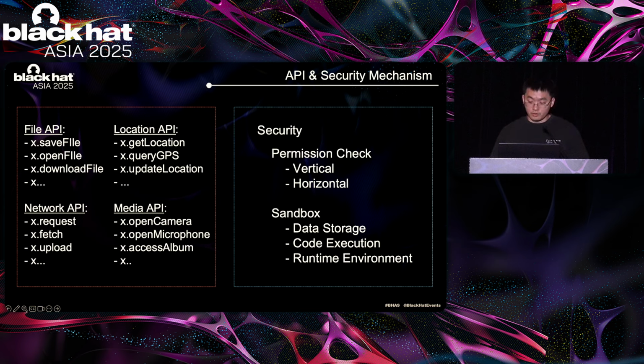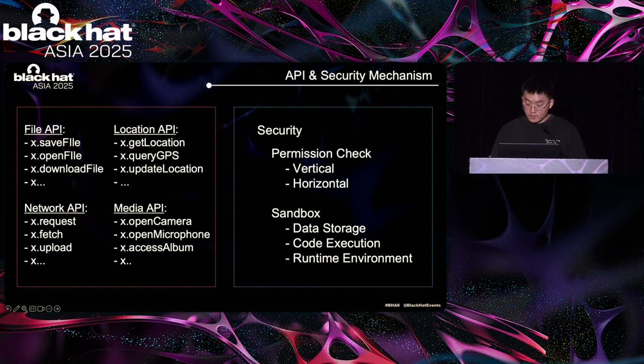While mini apps possess powerful capabilities similar to native apps, we need to pay more attention to their security issues. For example, we need to check whether the super app has restricted the permissions of these APIs and limited mini apps' access to resources.